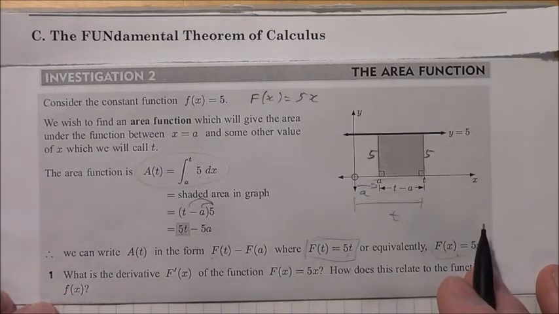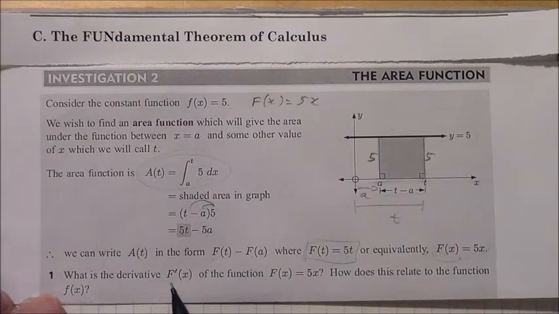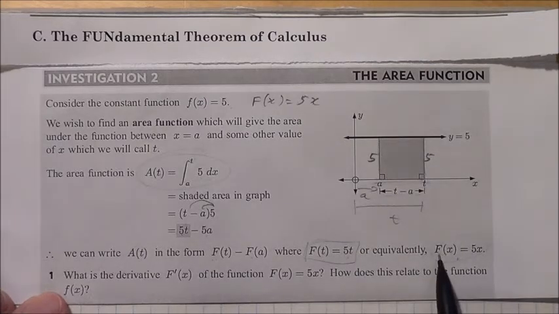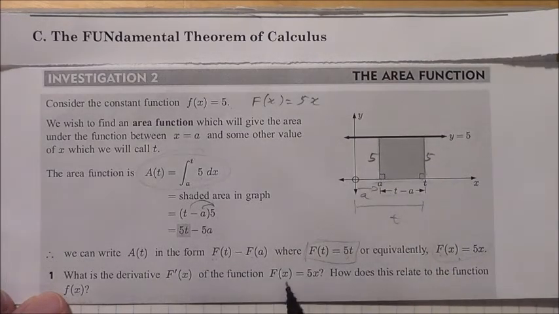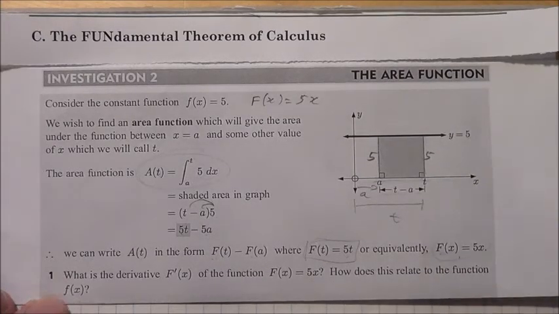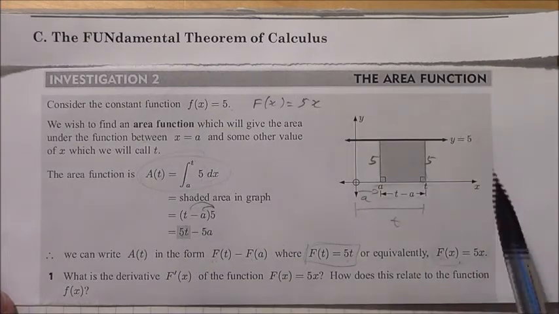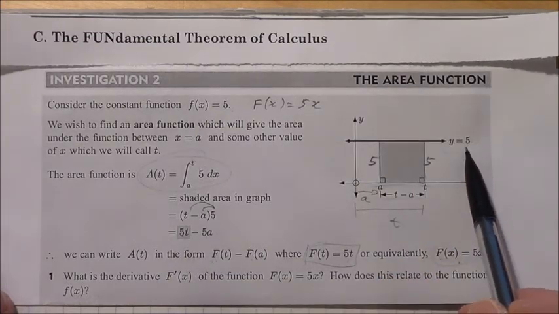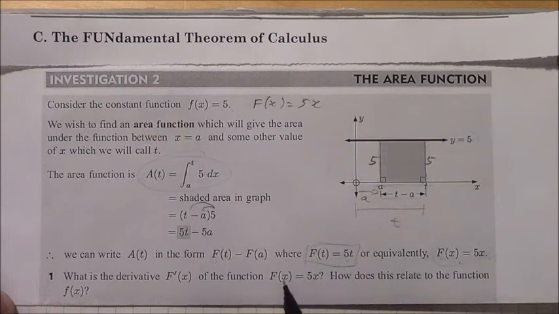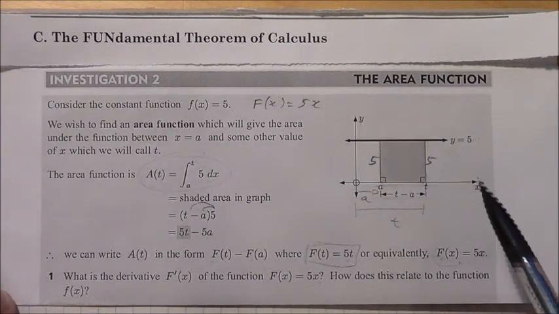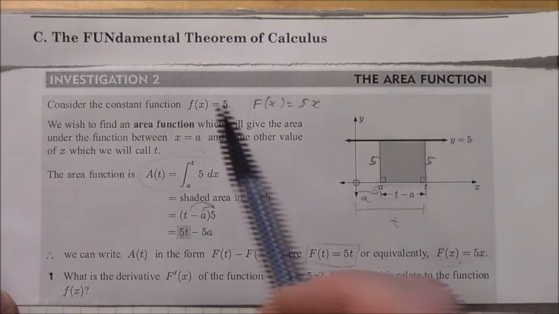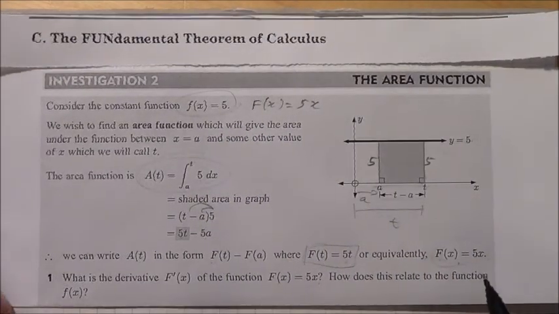Okay, so if we took the derivative of uppercase F of x equals 5x, how does that relate to the actual function f of x? Well, when you take the derivative of this, we actually get the original function once again. So that uppercase F of x is, as we now know, the antiderivative of the original function f of x.